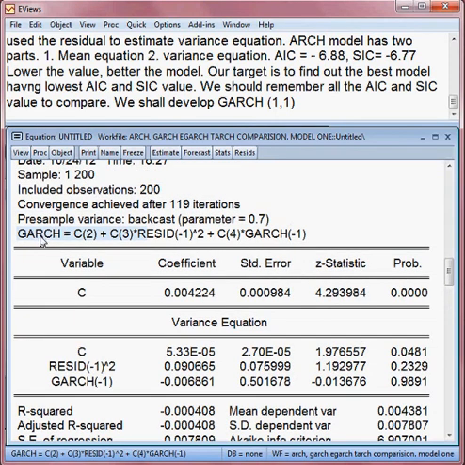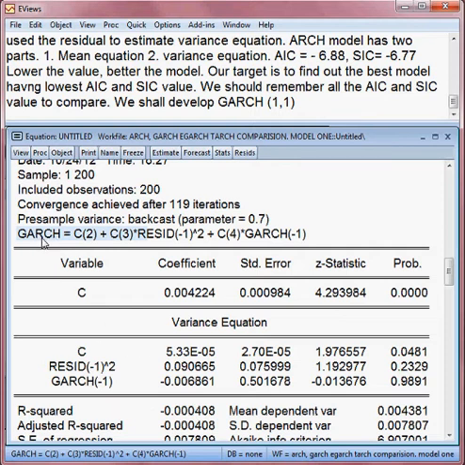This one is the dependent variable, that is GARCH, meaning that the dependent variable here is called the variance of the residual, right? Variance of the residuals.